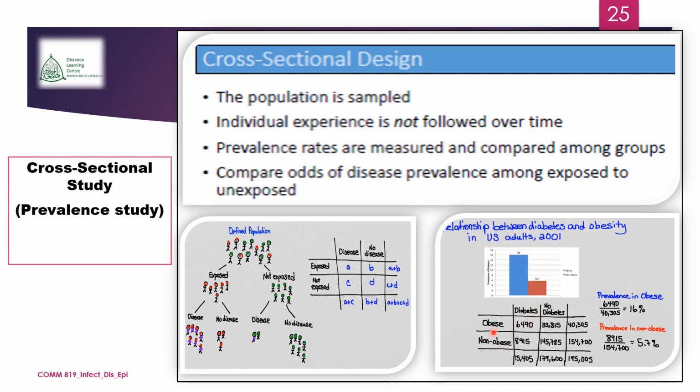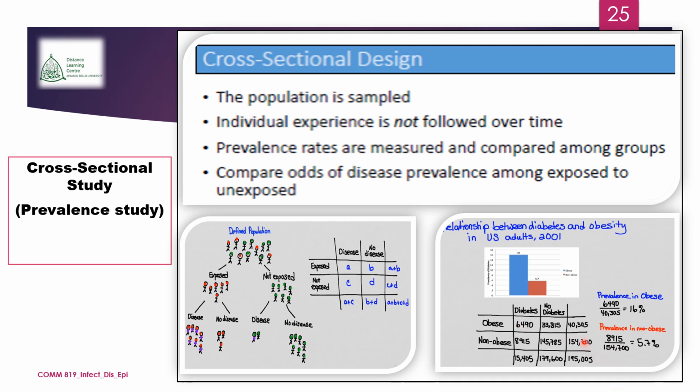Okay, so here we have the number of obese people. We collected 40,305 people. The non-obese, 154,700. So out of the obese, how many came down with diabetes? 6,490.